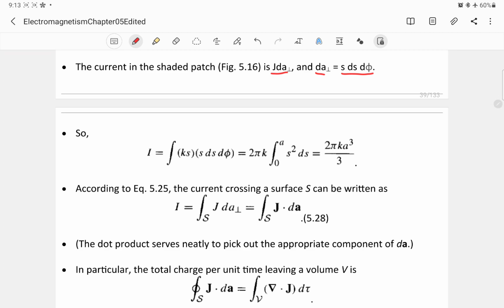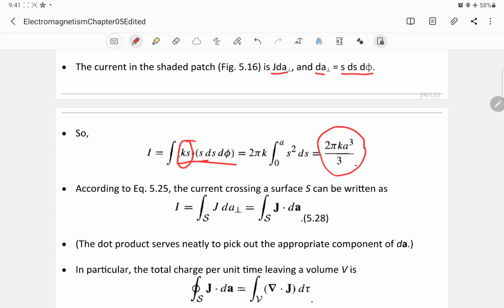So when you do the integration, this is your J, and this is your dA. So you will have 2 pi k times the integral of s squared from 0 to a, and so your current is equal to 2 pi k a cubed over 3.